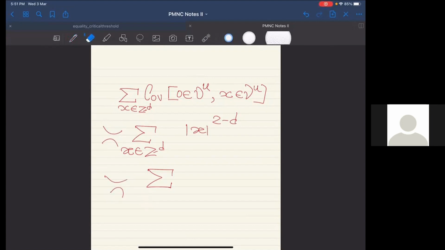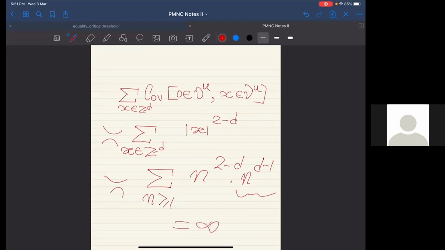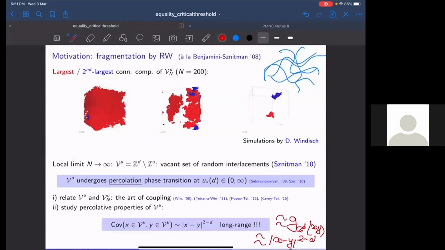So that is n to the power 2 minus d times n to the power d minus 1, the size of the surface of radius n, multiplied with the Green's function. This diverges.